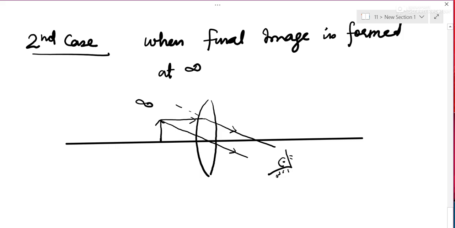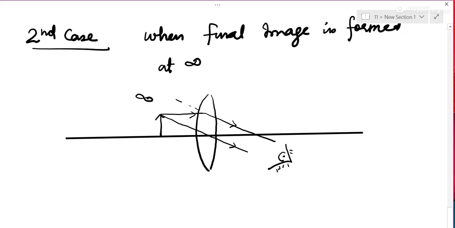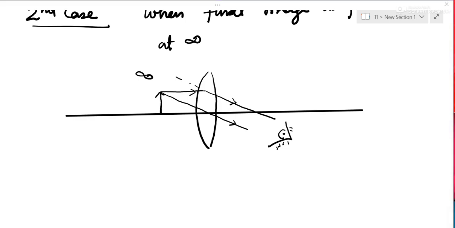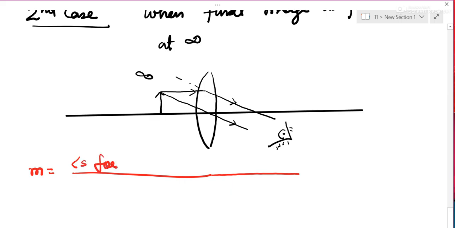Okay, so the image is formed at infinity. We'll take magnifying power as the ratio of, again the same, the angle formed by image at the eye. This is according to the case, when the image is formed at infinity.